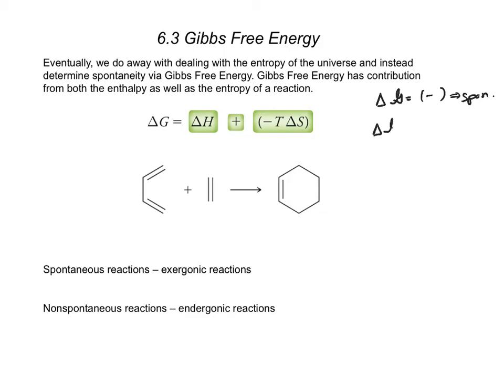Delta G's that are positive are going to be non-spontaneous reactions. If a reaction is non-spontaneous, does that mean it will never occur? No. What has to happen for it to occur? We have to add energy, right? It's not going to do it on its own. You have to add energy from somewhere else, okay?